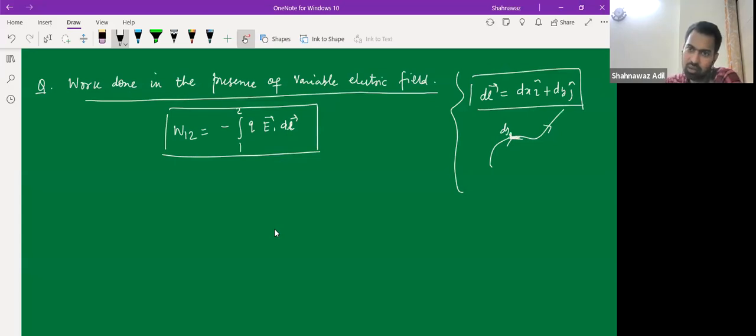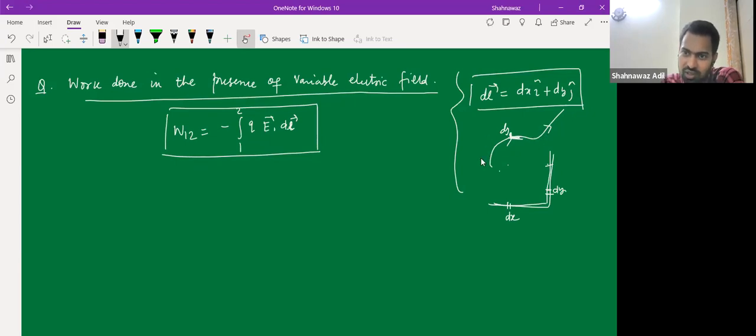Explain this again. Yeah, so whenever we are moving in 2 dimensions, there will be two elements. So let's say we are moving like this, in this way and this way. So this is dx, and this would be dy. No, the charge is not moving.